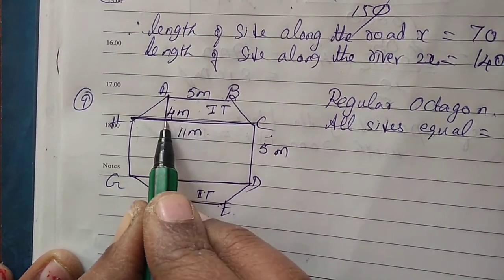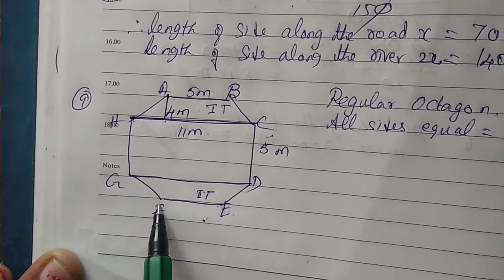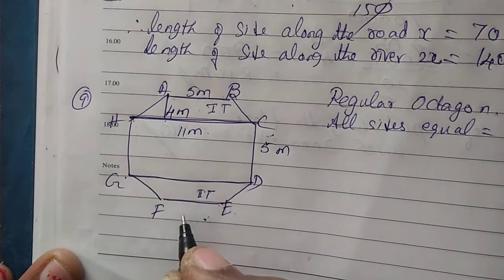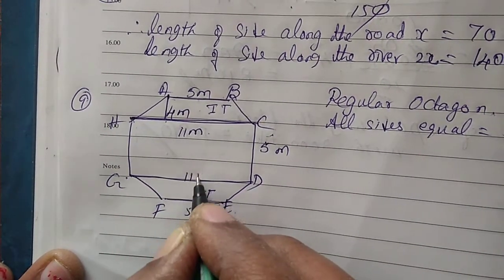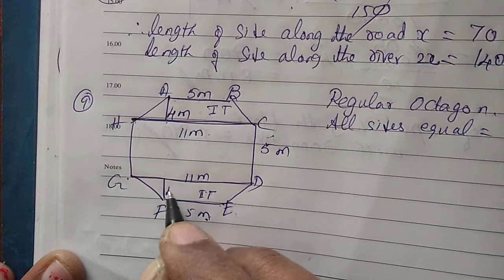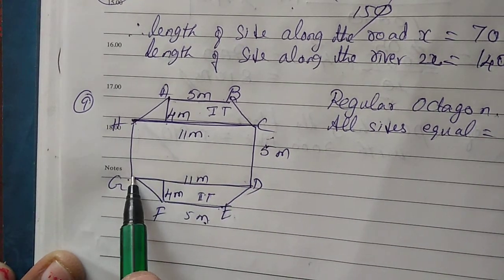Similarly, at the base FEDG also is a trapezium with 5 meter and 11 meter as parallel sides and the perpendicular distance is 4 meter. And between we have a rectangle of length 11 meter, breadth 5 meter.